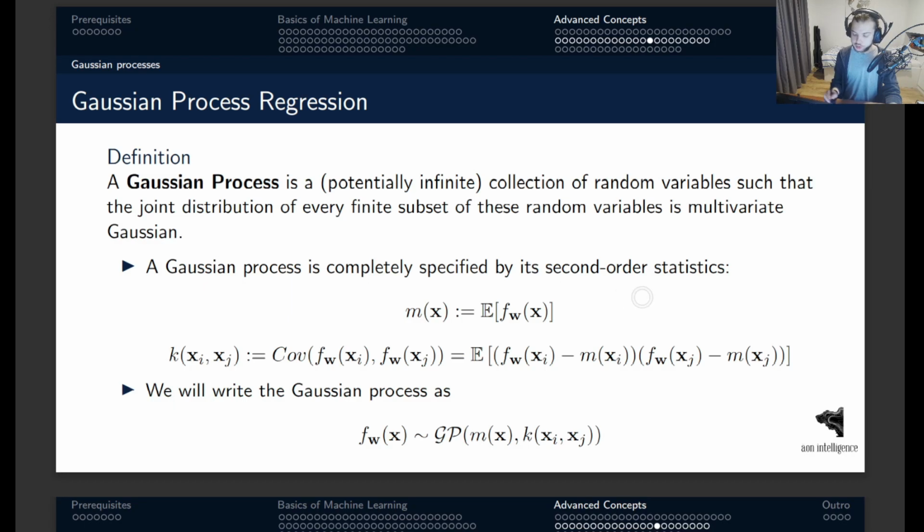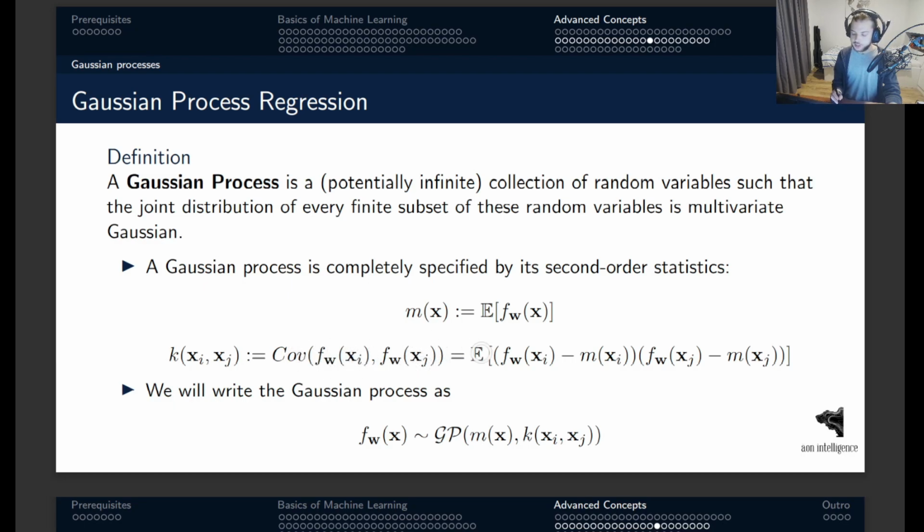And note, a Gaussian process is completely specified by its second order statistics. So you need the mean of the Gaussian process and the covariance matrix. And we will define this mean as follows. It's a function of an observation x, and it's the expectation of our predictions. Again, our predictions are random variables for that observation x. And for this covariance, we take this kernel function for the observations xi and xj. It will be the covariance for our predictions for observations xi and xj.